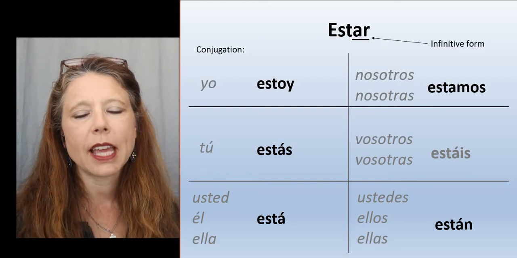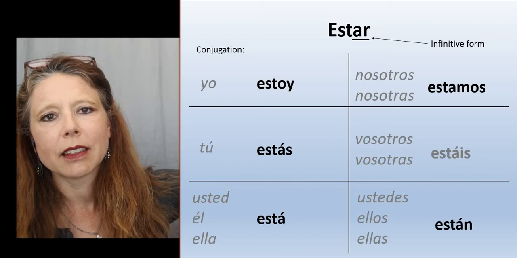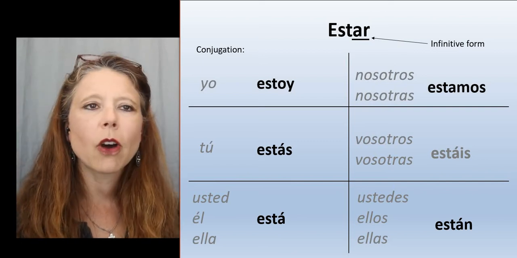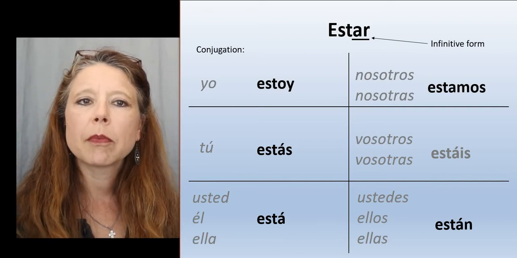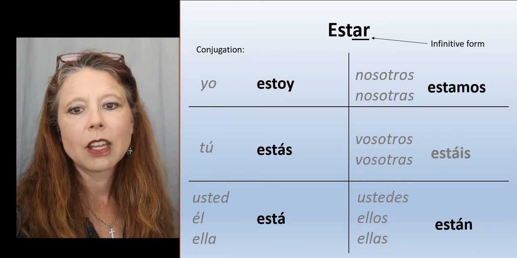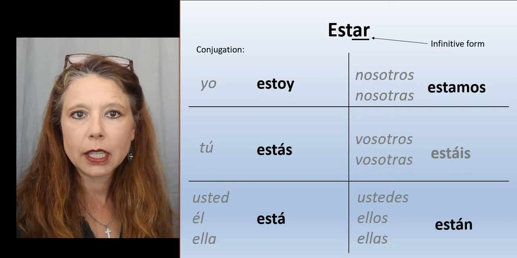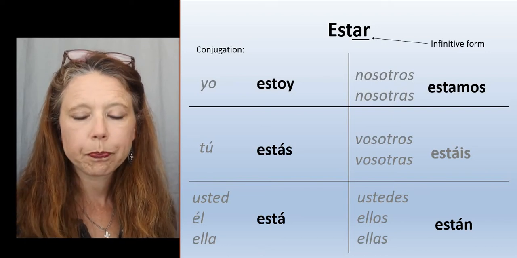We don't need to say ellos. We can point to the group and say están ahí. They're there. Okay. So you don't always have to put these subject pronouns if it's understood what you're talking about. The conjugated verb alone can be the sentence.